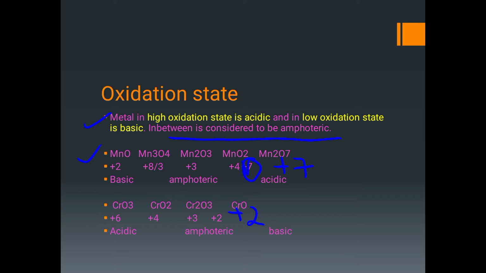A similar thing you can observe in the case of chromium compounds. You have CrO3, CrO2, Cr2O3 and CrO. In the same way, CrO3 has the oxidation state +6 and CrO has the oxidation state +2. So based on this you can find out which one is acidic and which is basic.